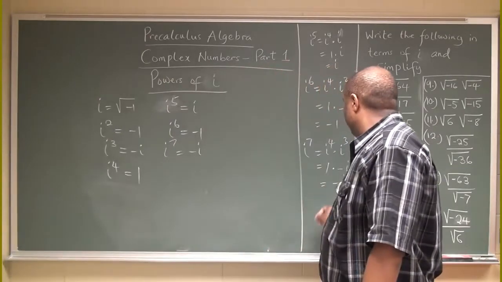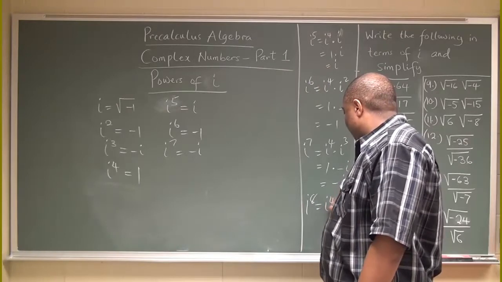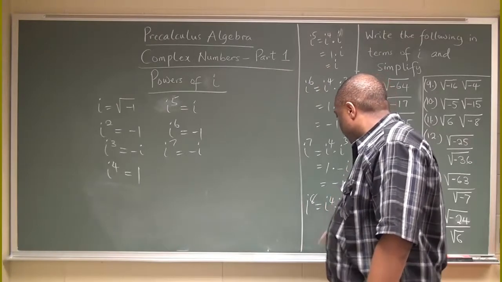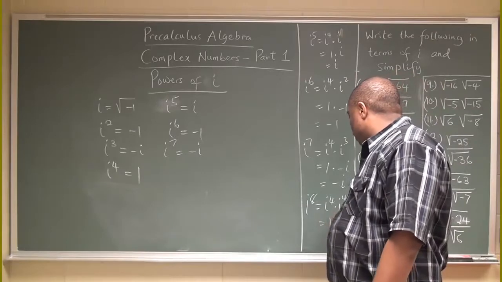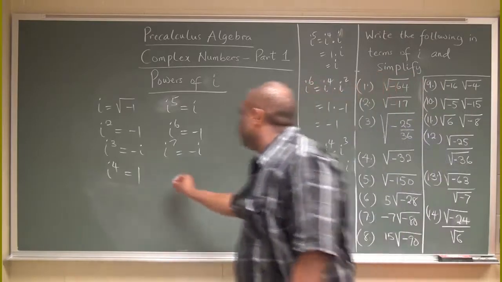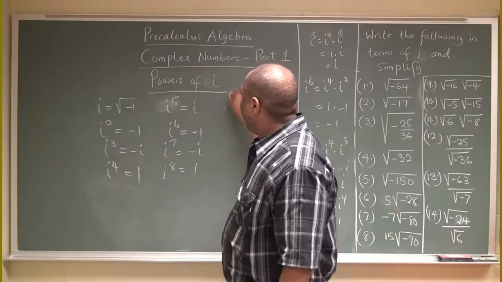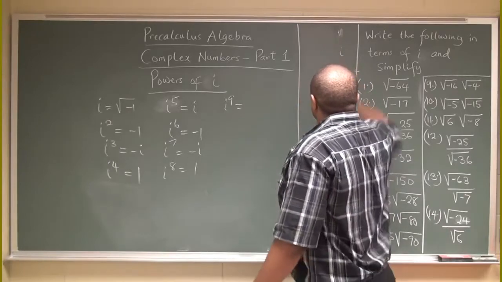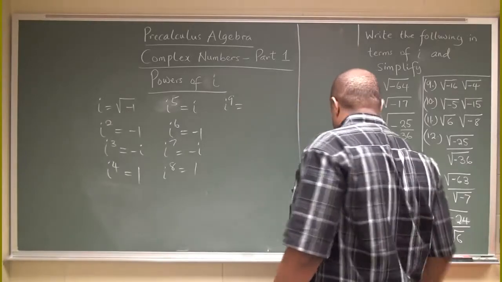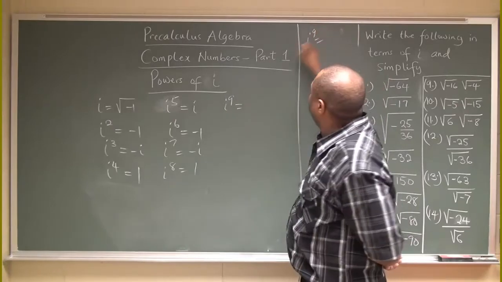Then I to the 8, what do you think it will be? I to the 8 will be I to the 4 times I to the 4, which is 1 times 1, which is 1. I raised to power 9, what do you think it will be? You can express it with I to the 4.